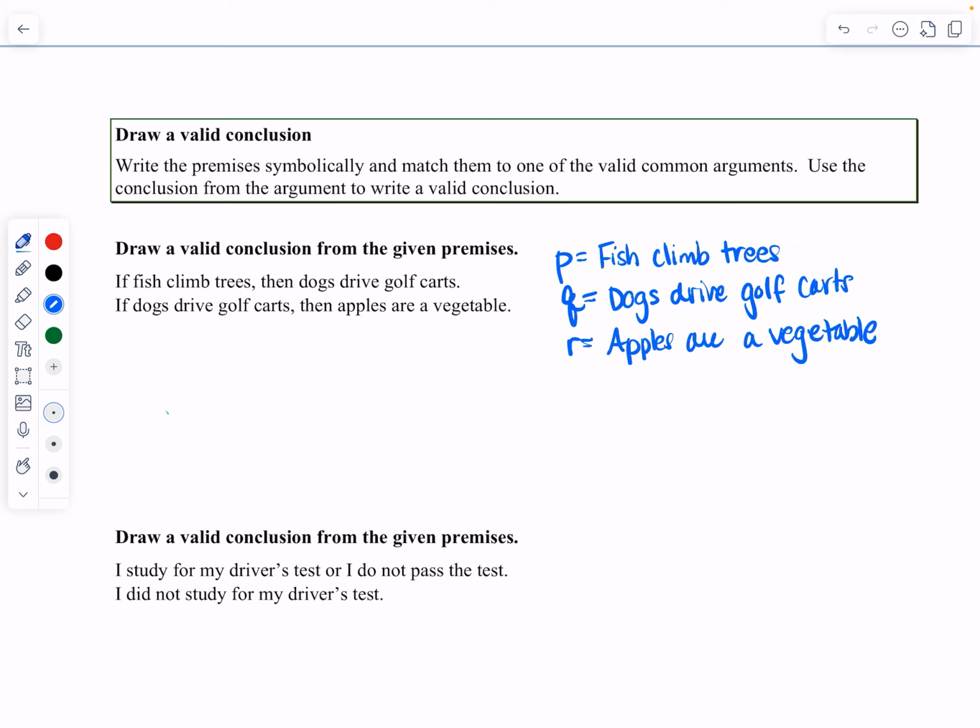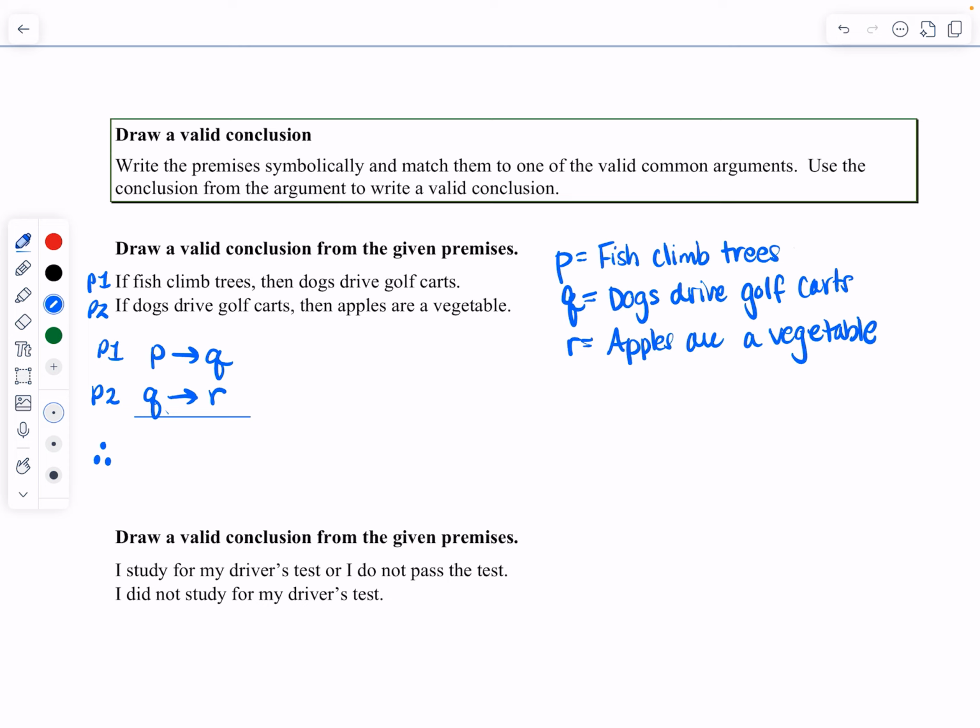Okay, so let's write out premise 1. If fish climb trees, that is P, then dogs drive golf carts, that is Q. P2: if dogs drive golf carts, that is Q, then apples are a vegetable, which is R. Now we have to find the conclusion. So if I look at this, I have two conditionals.